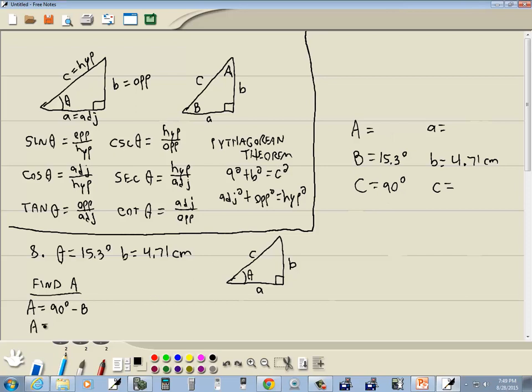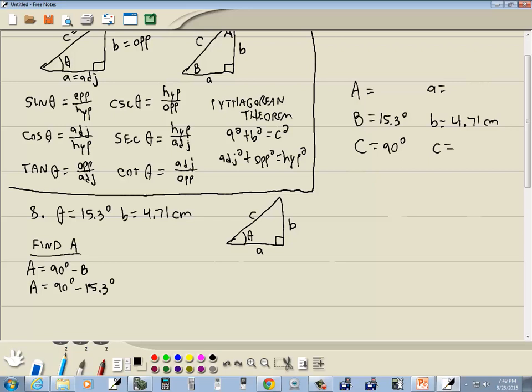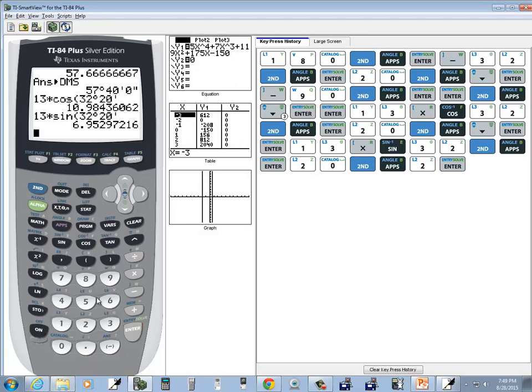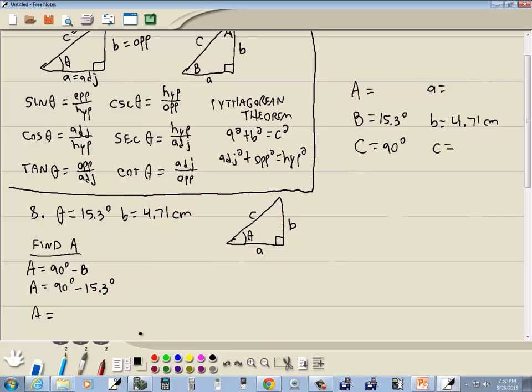So A is going to equal 90 degrees minus 15.3 degrees. So 90 minus 15.3, 74.7. So this right here is 74.7 degrees.